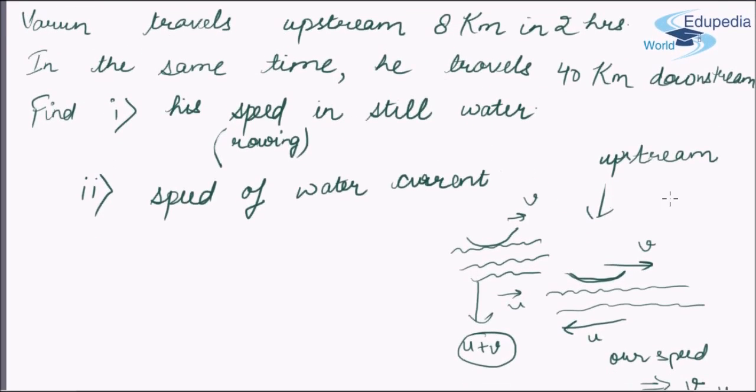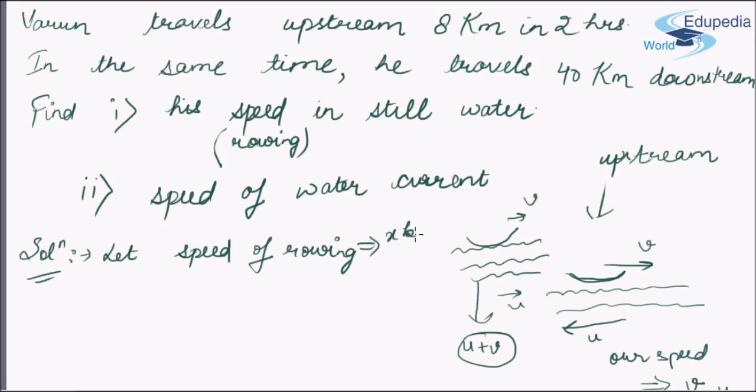So let speed of rowing of boat by Varun be x kilometer per hour, and speed of water current be y kilometer per hour.